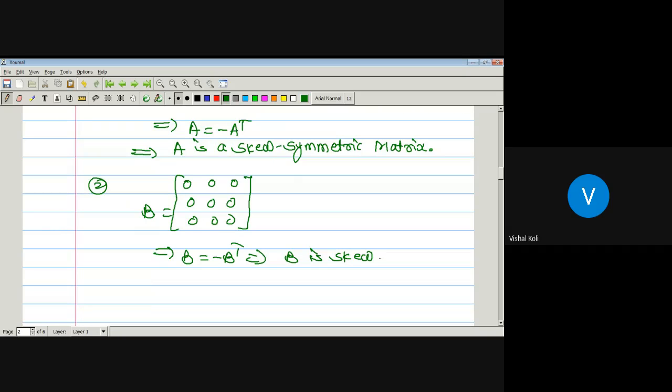What about symmetric? Is B a symmetric matrix? Yes. Since B equals B transpose, and it holds the definition of symmetric matrix, it is also a symmetric matrix.